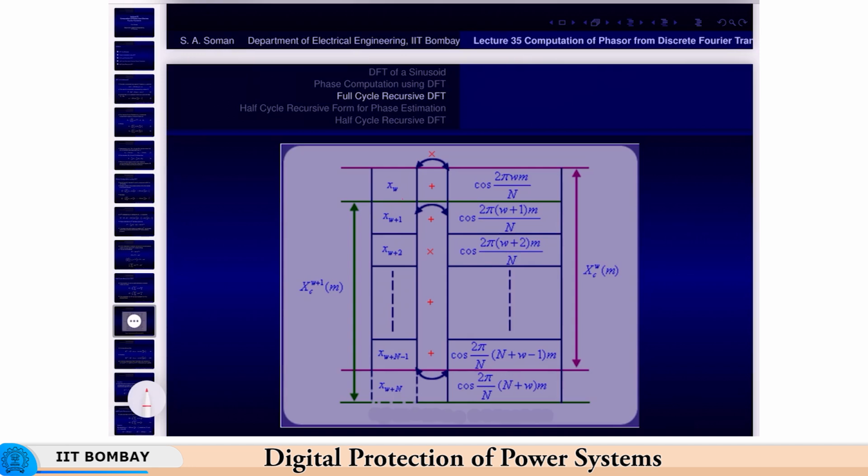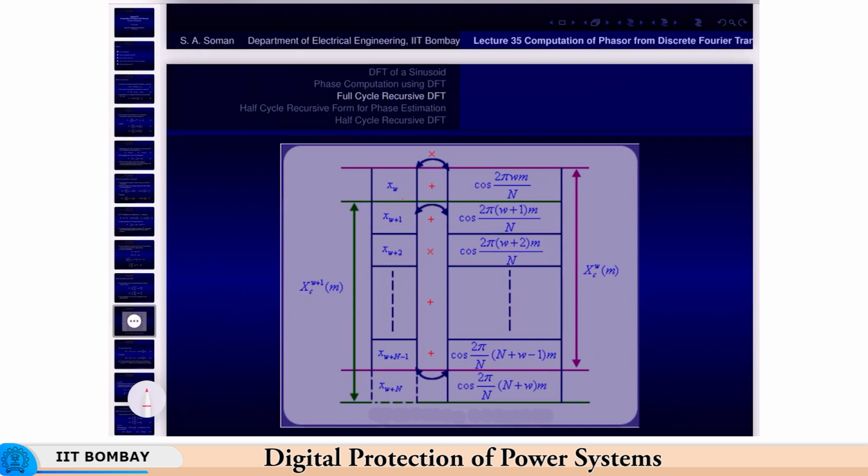So, the difference between Xc W and Xc W plus 1 is that this term here, this multiplication x of W cos of 2 pi W m by n, goes out and this addition comes in. Okay, x of W plus n cos of 2 pi by n, n plus W of m, this one comes in. Okay.